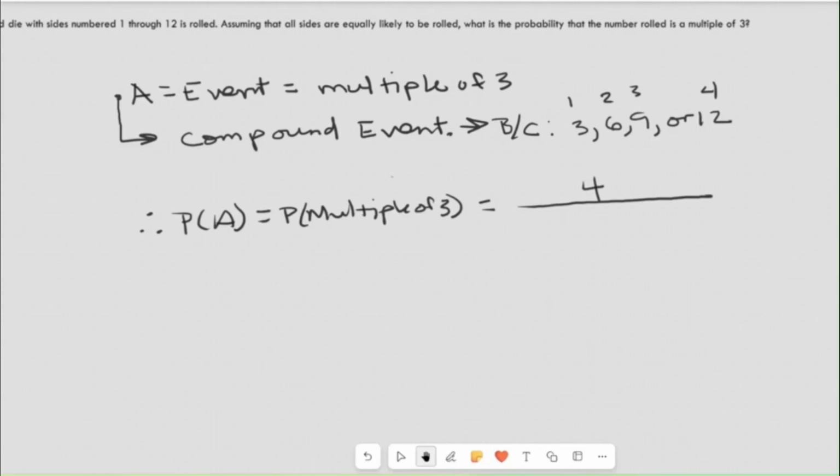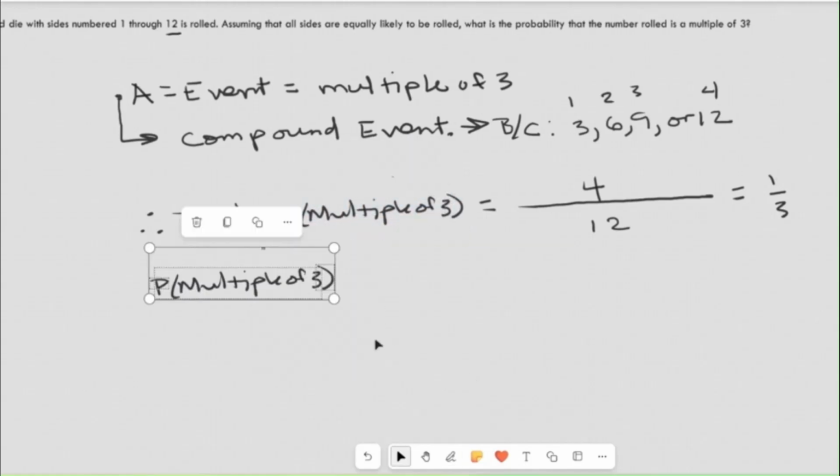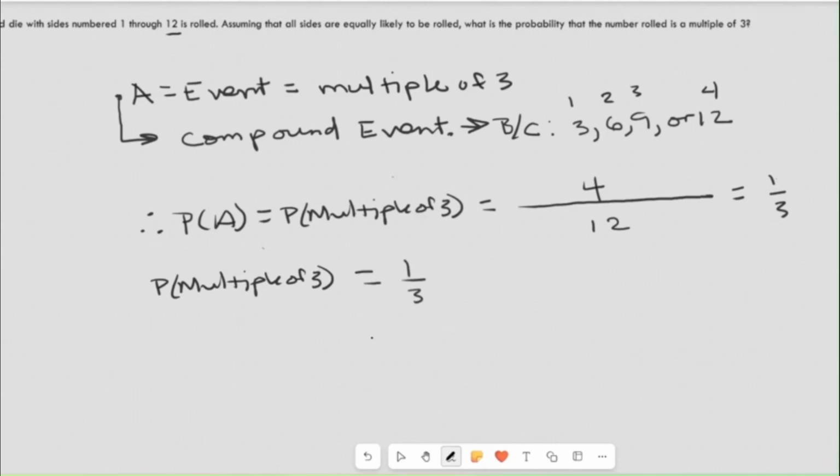And if you recall, we're rolling a 12-sided die. Therefore, the total number of different simple events will be equal to 12, which simplifies to 1 over 3. Therefore, the probability of rolling a multiple of 3 on a 12-sided die is equal to 1 over 3, or equivalently 0.333.